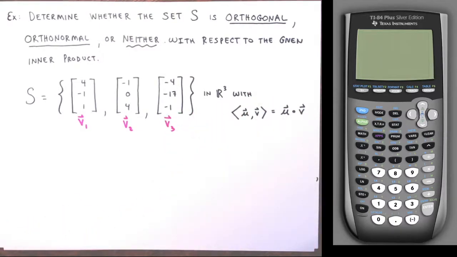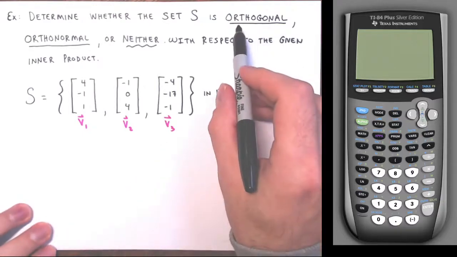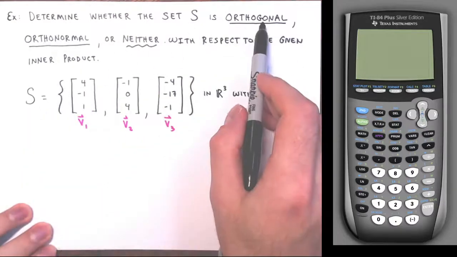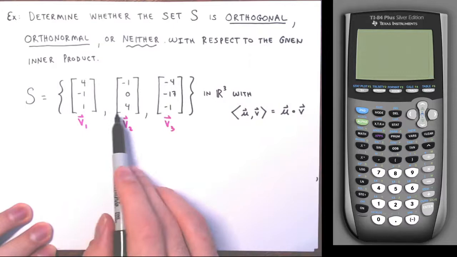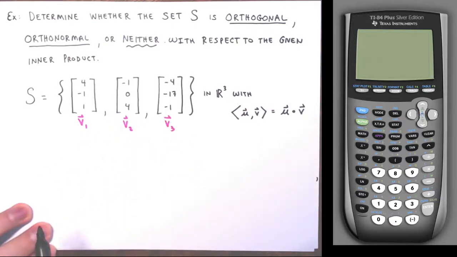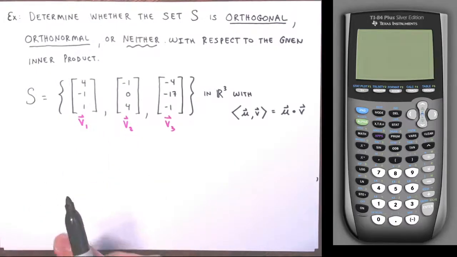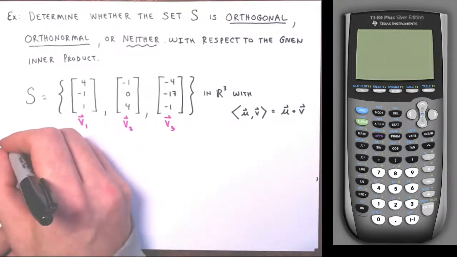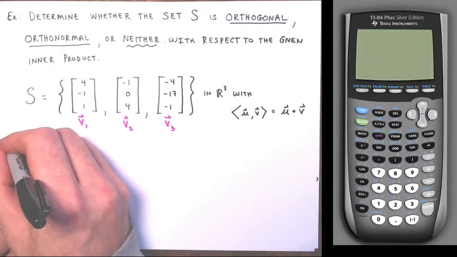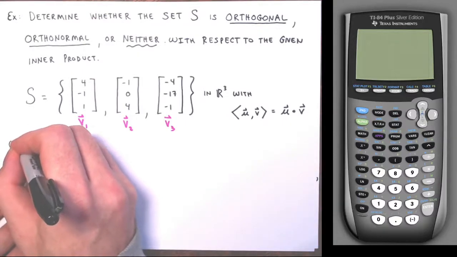So what we have to do to check if the set is orthogonal is look at each pair of different vectors in this set and see if they're orthogonal. Is their inner product equal to 0? So I have to check each pair.